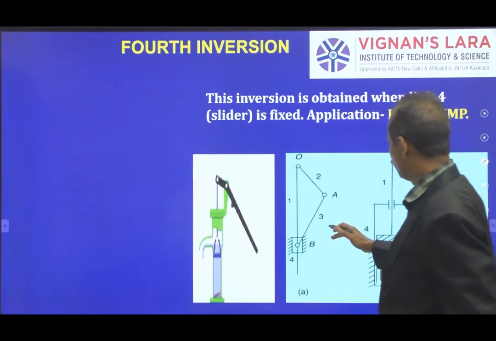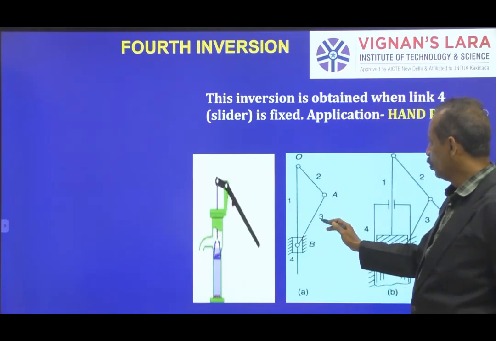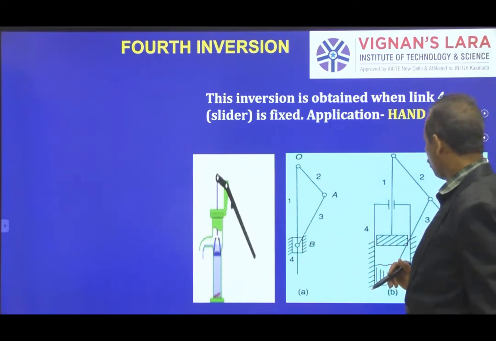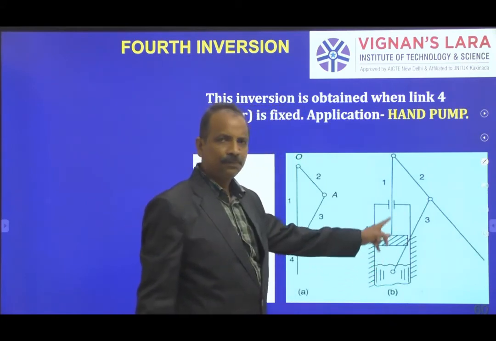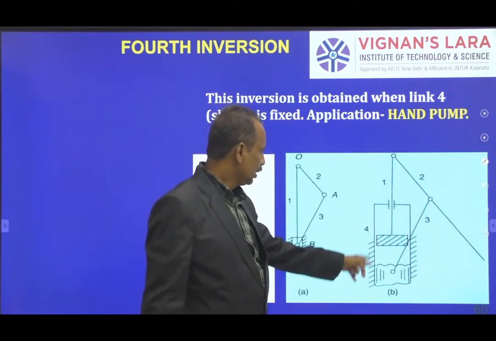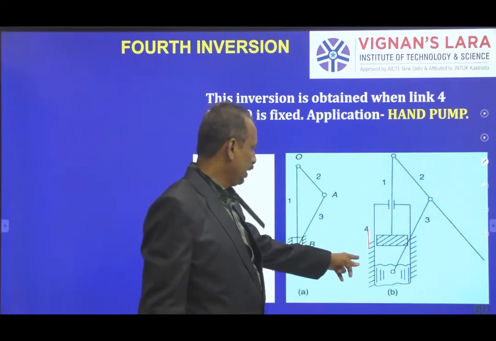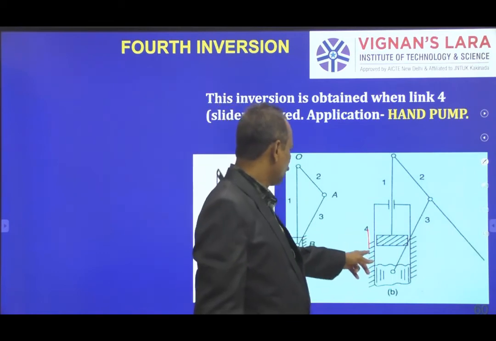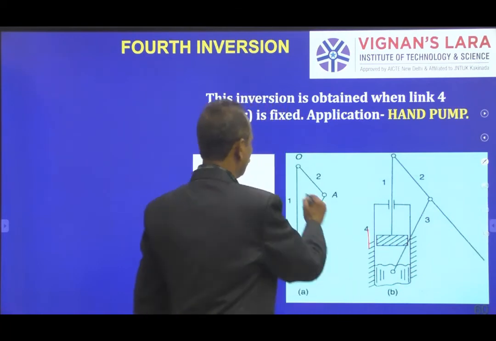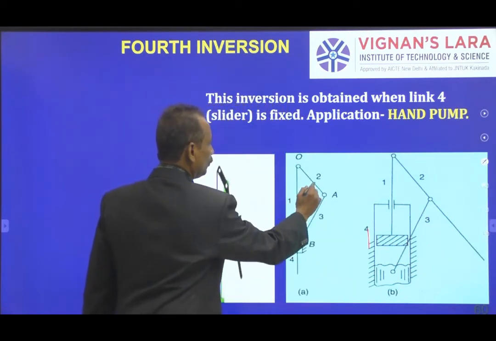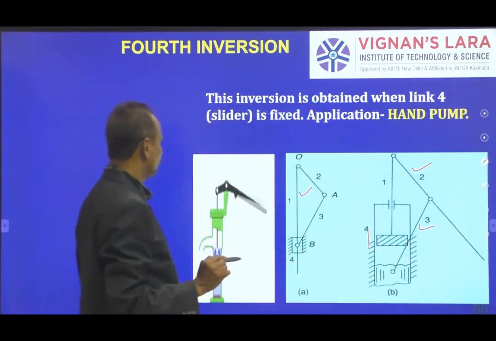So the same mechanism you can see here, with orientation changes 1, 2, 3, 4. The same thing I have shown here in an actual pump. Here the fourth one is the piston, whose movement is restrained, that is, the slider movement is restrained. Here is link 1, this is link 2, this is link 3, and this is 4.